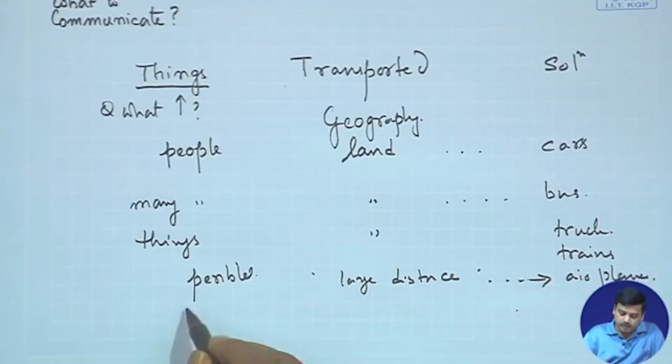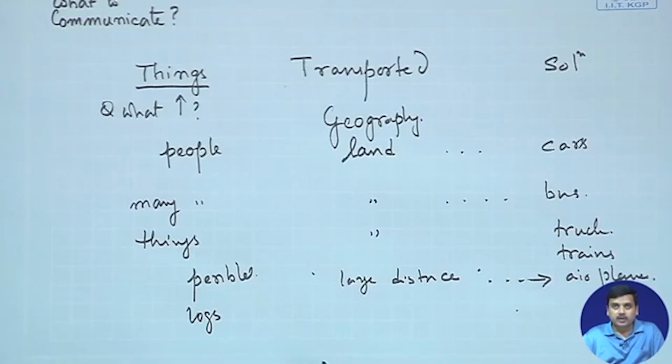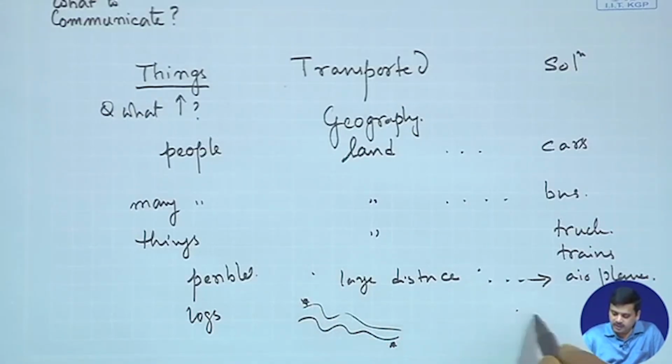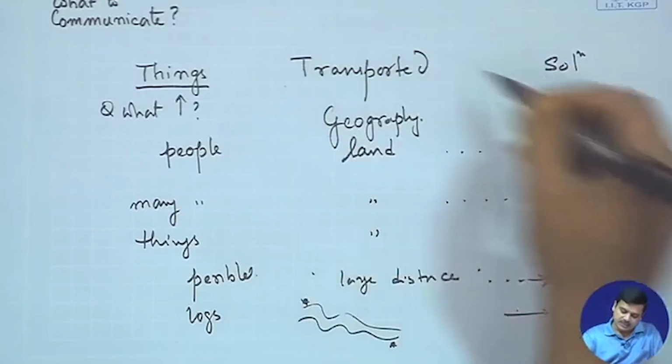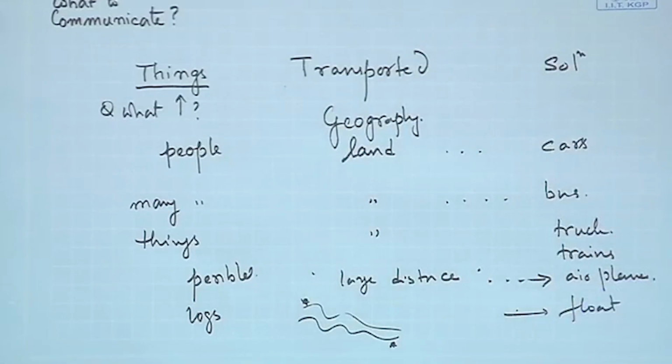We could think of logs of wood, and then we find that there is a river connecting two lands, so we could say let them simply float.